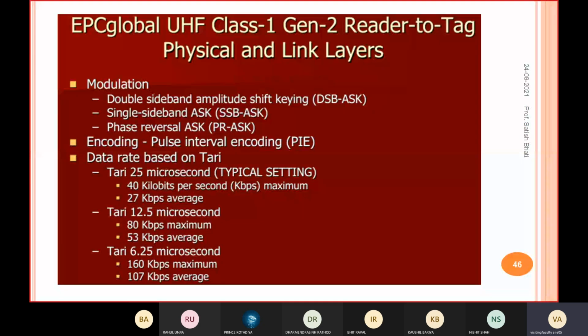So these are the modulations which are used in this standard. Then for encoding, it will use pulse interval encoding. We will not go into the detail, but you just need to remember which encoding this standard is using. Then it will have different data rates.